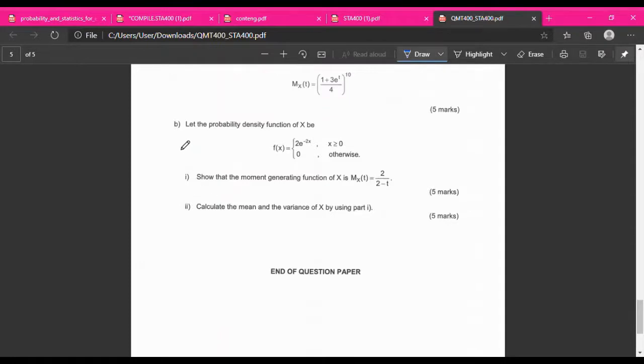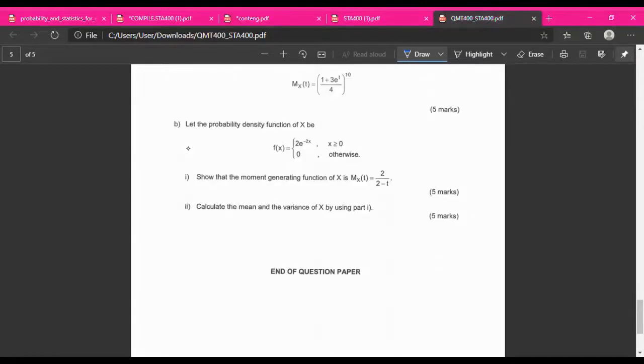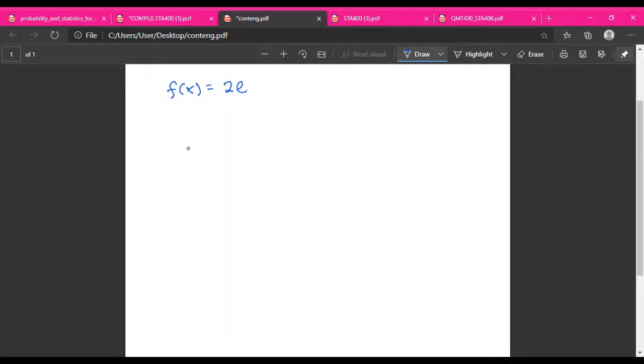Okay, let's see. So, use the same concept to get the MXT. We will use the mathematical expectation of e power tx, expected of e power tx, right? So, I use the one here. So the function earlier is 2e power of negative 2x.